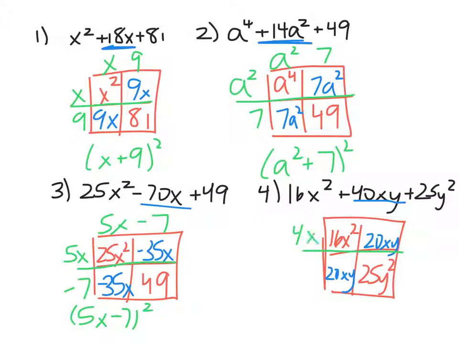So 4x, 5y, 5y. So 4x plus 5y squared. Notice that, by the way, if I had a minus as my middle term, it's a minus in my factoring, plus, plus, plus, plus. So that's where that sign is coming from, is from your middle term.